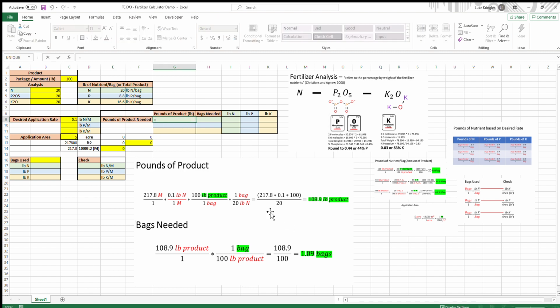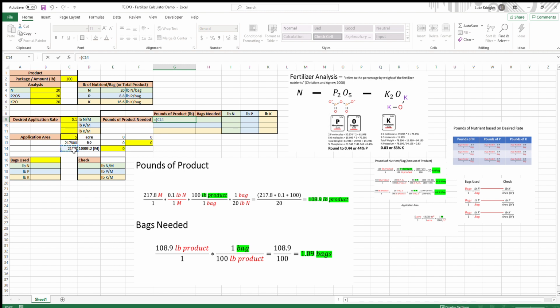So equal sign, and we're going to open up. So we're going to find our area in M units, so the 1,000 foot squared unit. So that is right here, which is calculated using this 5 acres that we inputted.